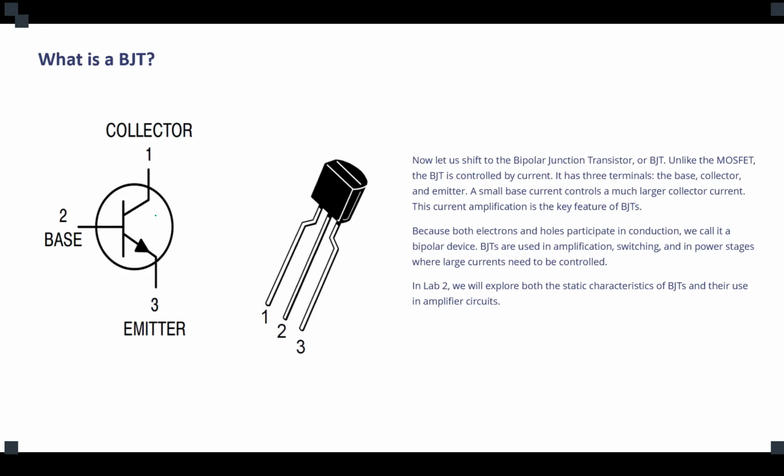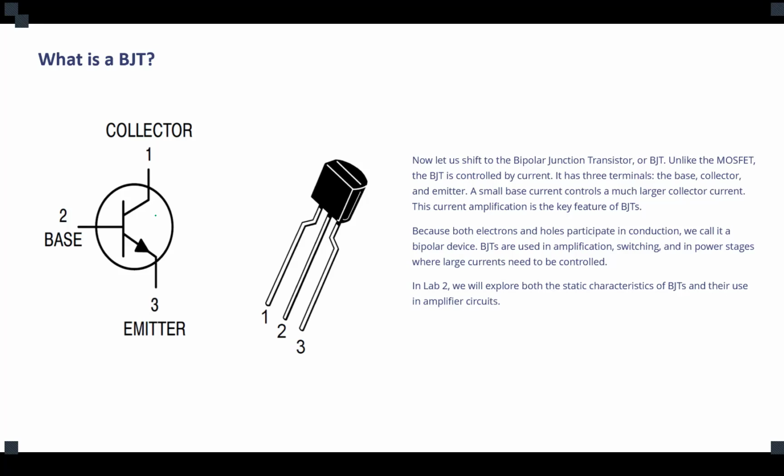We normally have three terminals, similar to MOSFET, but with different names and different physical characteristics. We have base, which is the control terminal, and we have the collector and emitter, which are the current conducting or power terminals.